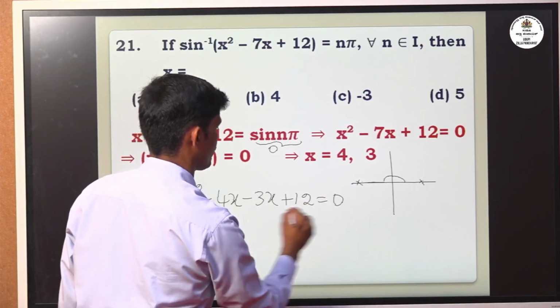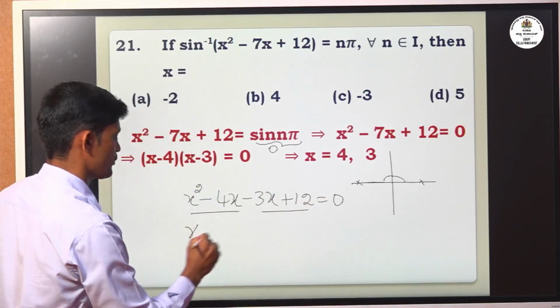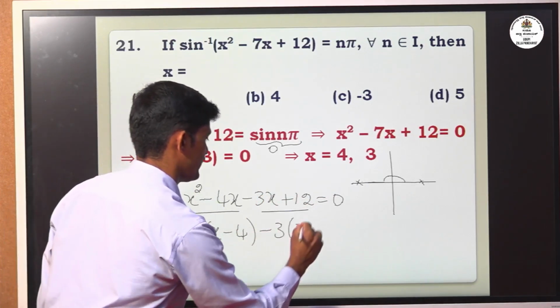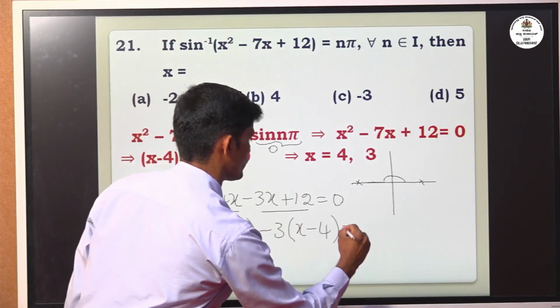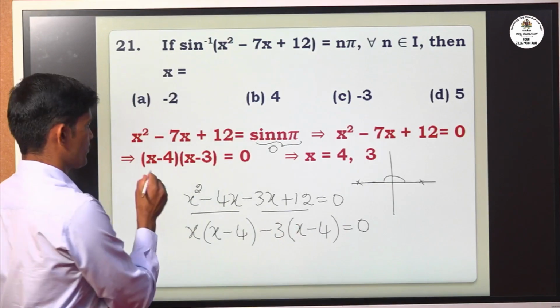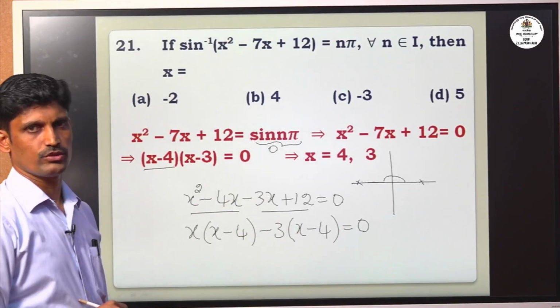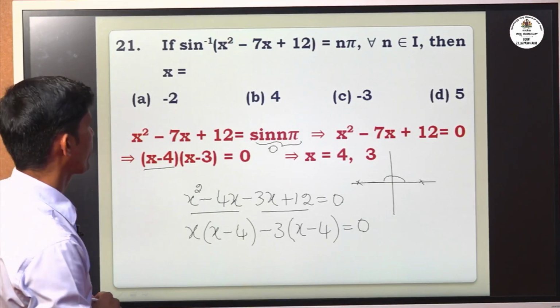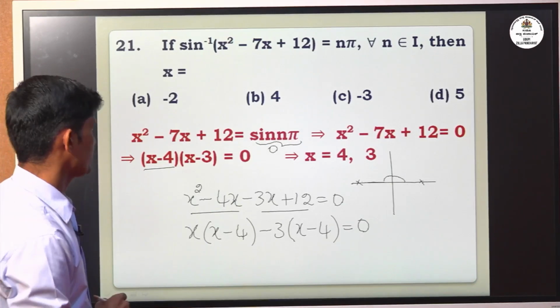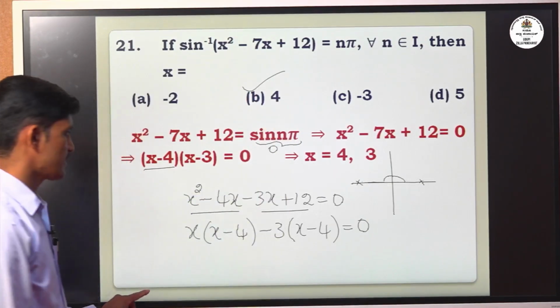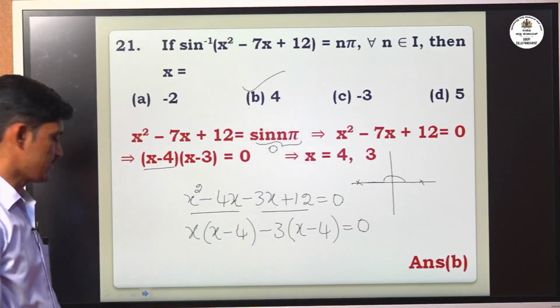Then it is x into x minus 4 minus 3 into x minus 4, which is equal to 0. So x minus 4 is the common factor, into x minus 3 is equal to 0. That is x equals 3 or x equals 4. Then for the value of x, 3 is not valid, so only 4 is there. Therefore answer B. B is the right answer.